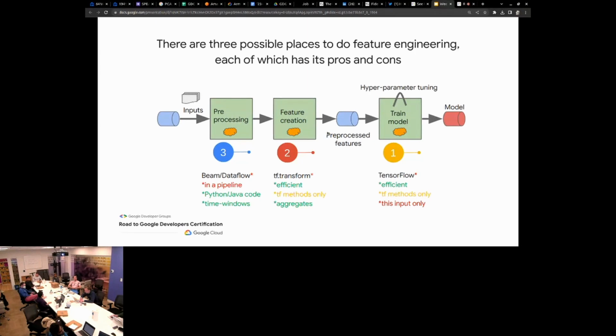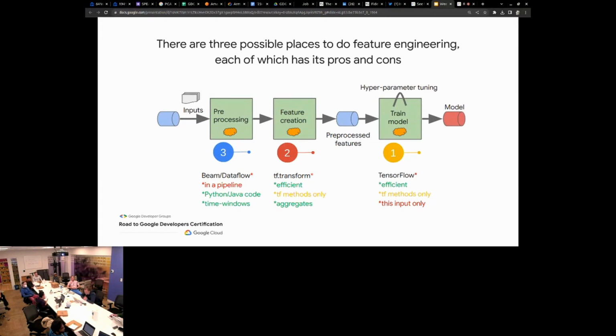The other approach you can use is to do pre-processing. So everything is in a pipeline. It can do everything, but it is happening prior to your machine learning. The best of both worlds, if you have something like TF transform that, thanks to Google, we have, is that it has the efficiency of doing this transformation inside your machine learning model, but also allows you to see future and past information.